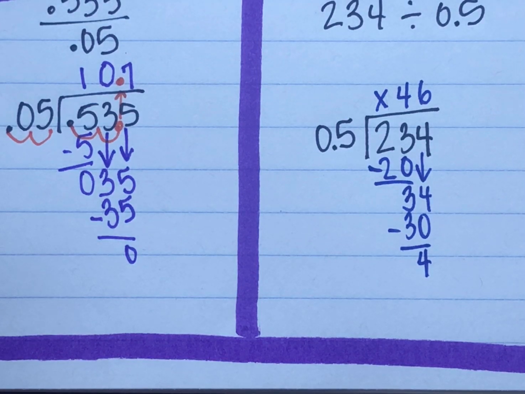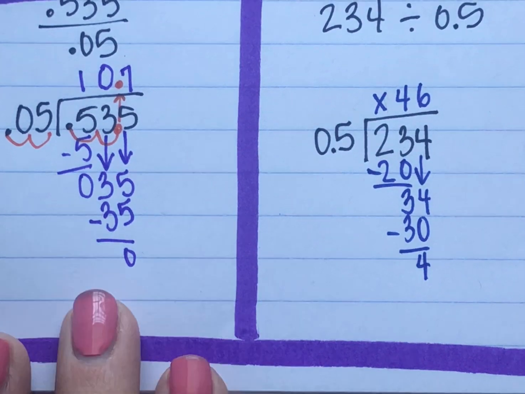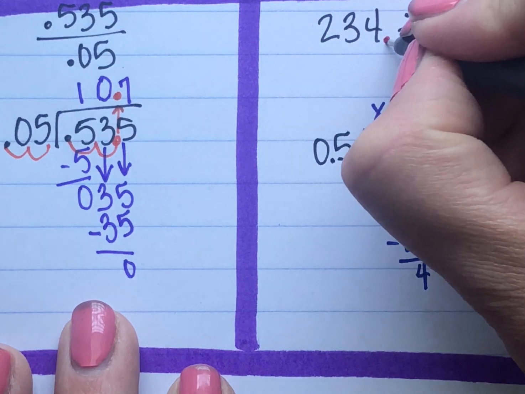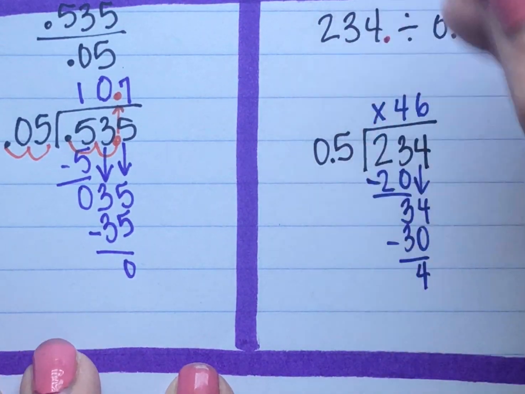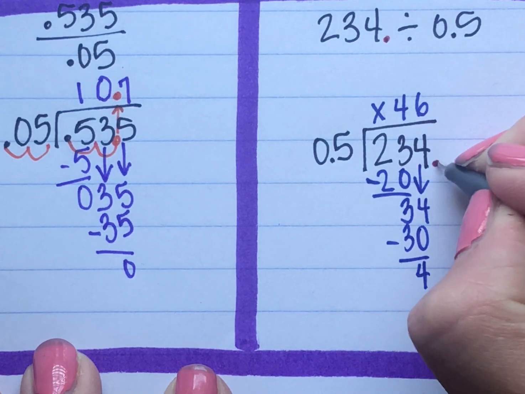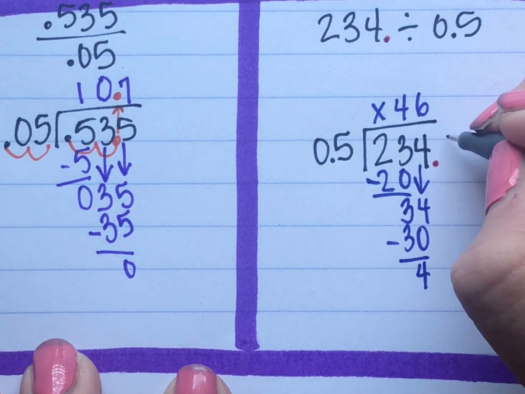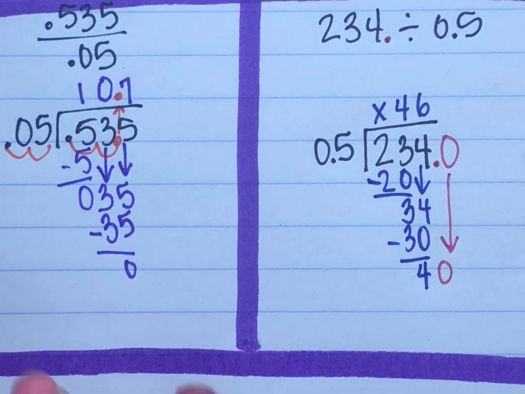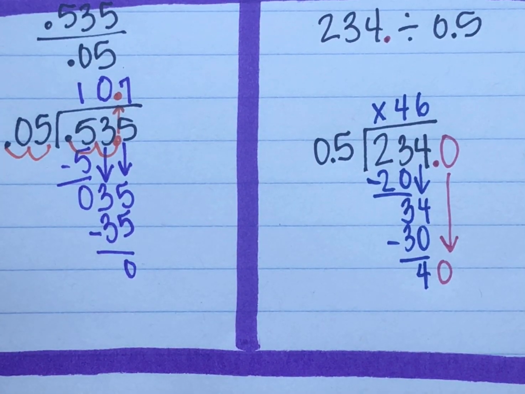When you have a whole number, the decimal always starts at the end of your whole number. That's the only place I can put this decimal that does not change this number. This number is still 234 with this decimal here. So I'm gonna add a decimal and add a 0. Now I have 40, and I can continue my multiplication and my division.